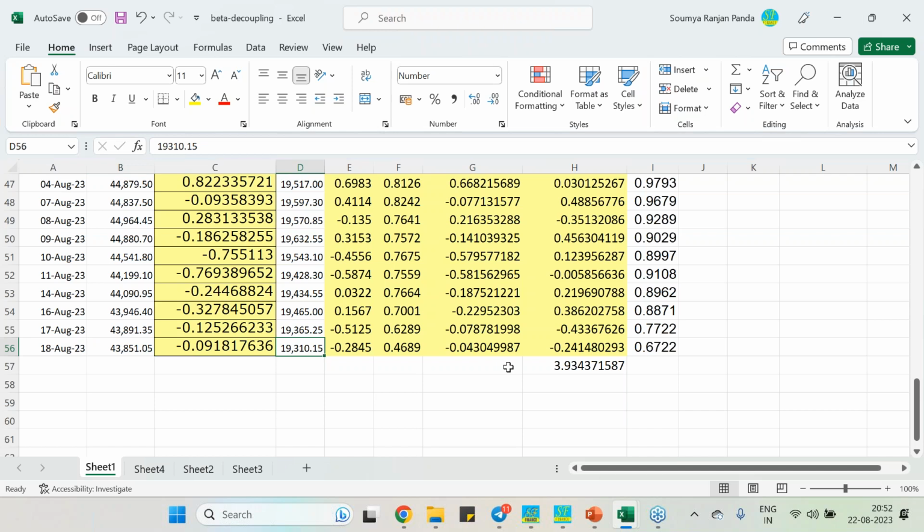It is telling, please take care of me. What? Take care, hedge both of them. That is the first care. Second care, once the price moves, price will not sit in one place. Price will move, but beta decoupling is not recoupling. It is still 3.93. It is going to 4, 5, 6, anything. But price is going to change. So whatever hedging ITMs are there, harvest intrinsic gains, harvest time gains.